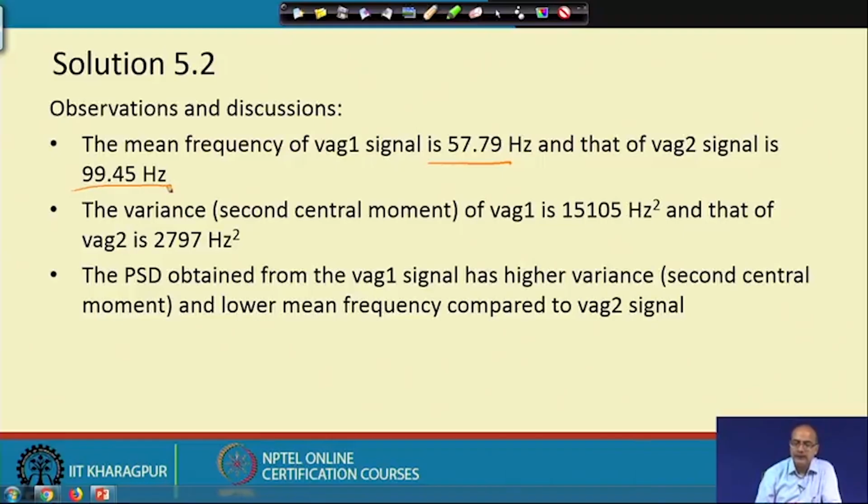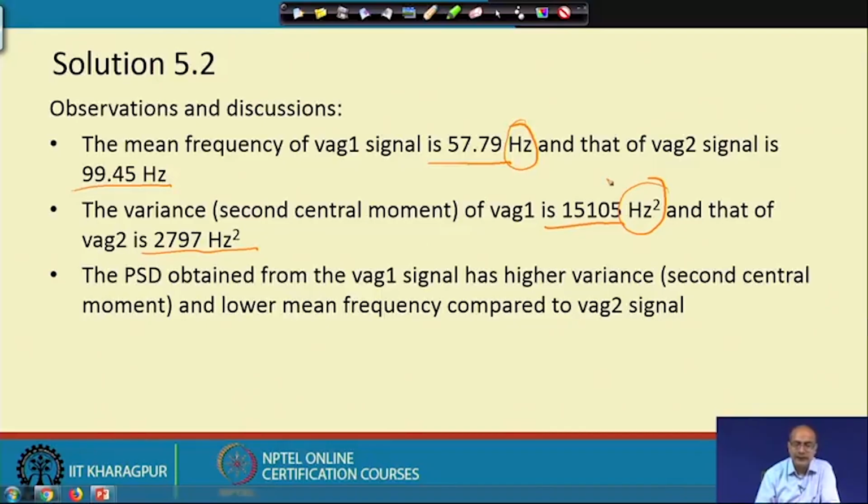And corresponding variances are 15,105 Hertz square for VAG1, and for VAG2 it is 2797 Hertz square. So, the units asked for the mean is Hertz and for variance it is Hertz square.